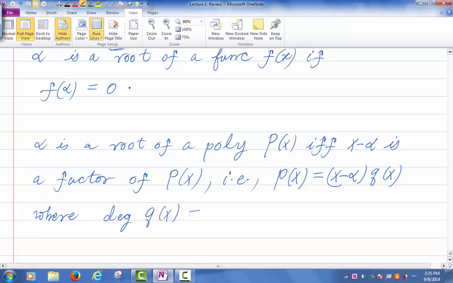Degree of q would be exactly 1 less than the degree of p. Degree of p minus 1. Is that making sense?